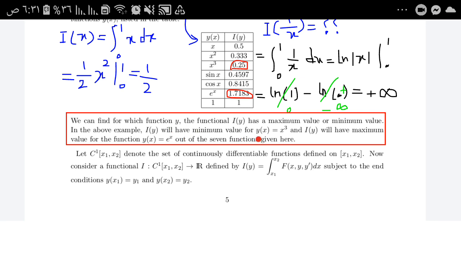Out of the 7 functions given here, in the given table, the minimum value is for the function x cubed and the maximum value is for the function e to the power x.